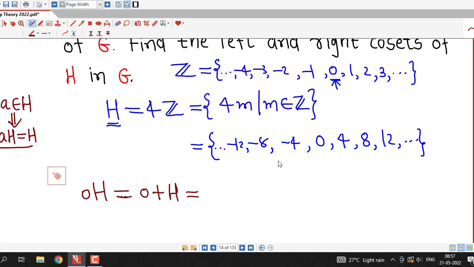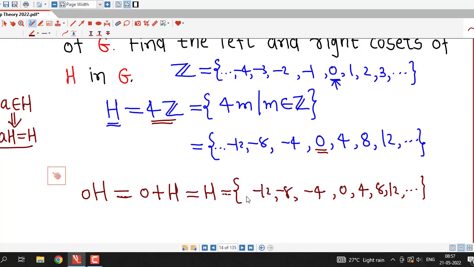And here we can see 0 is a member of the subgroup H. Therefore 0 plus H will be equal to H itself. So let me write this H: 0, 4, 8, 12 on this side, and -4, -8, -12. So this is the left coset corresponding to the element 0.